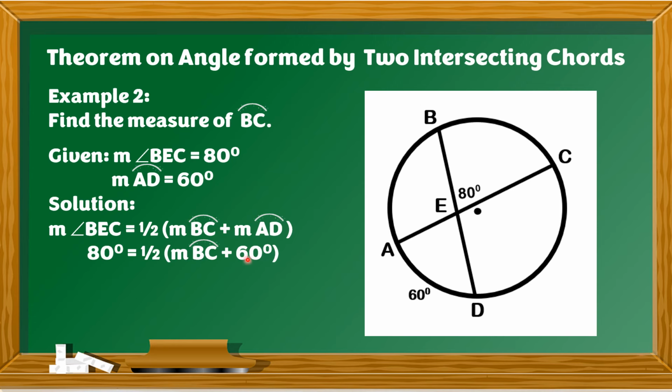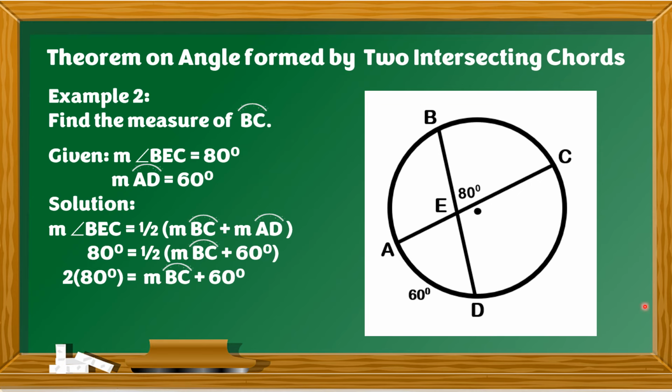The measure of arc AD is 60 degrees. Next, we're going to multiply both sides of the equation by 2 by applying the multiplication property of equality. And we have 2 times 80 degrees is equal to the measure of arc BC plus 60 degrees.